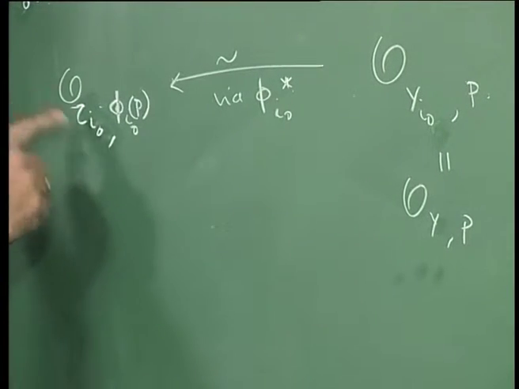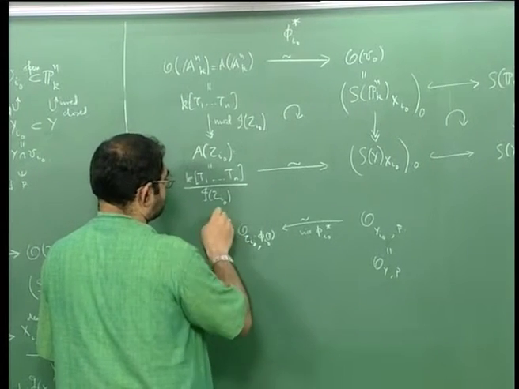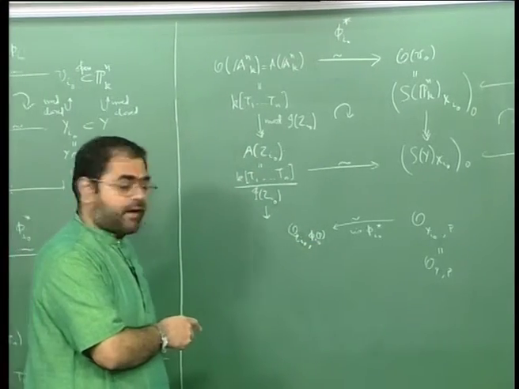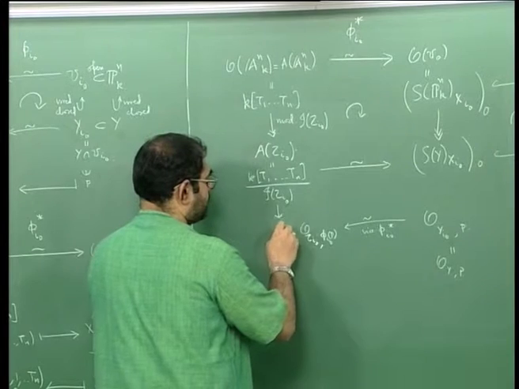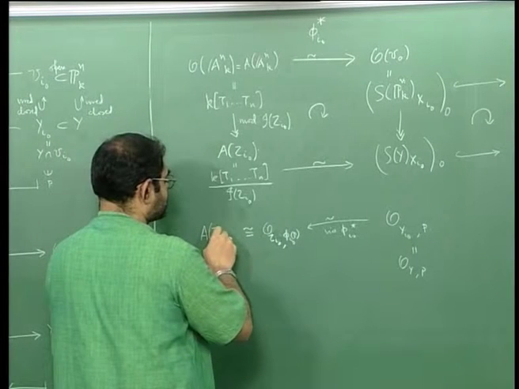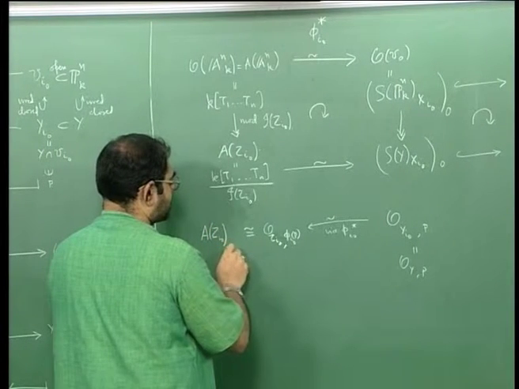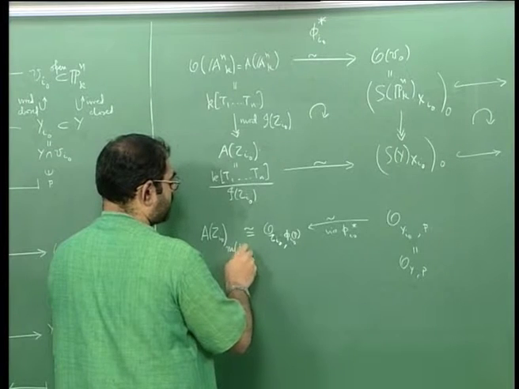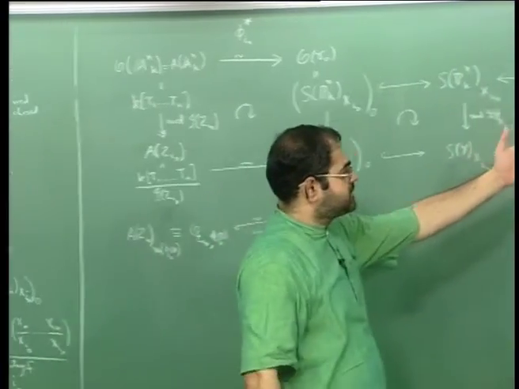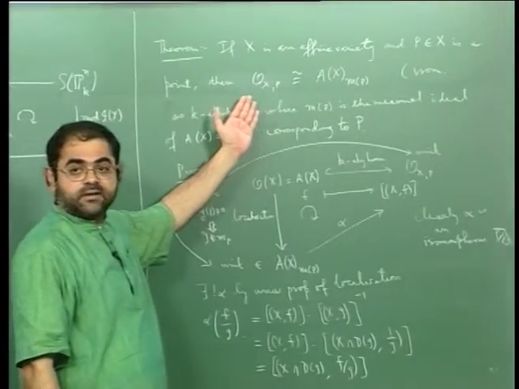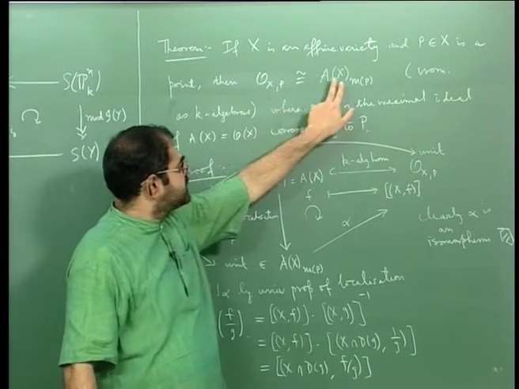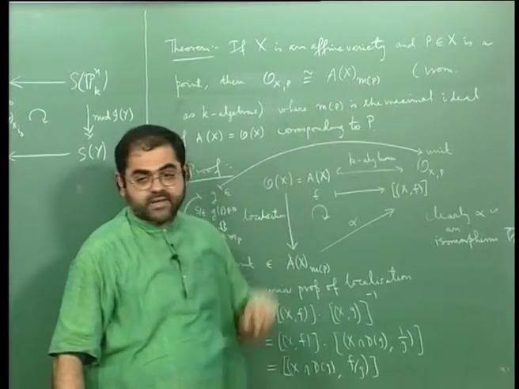And what is this? As we have seen, this is the local ring at a point of an affine variety, and therefore it is isomorphic to the affine coordinate ring of zi naught localized at the maximal ideal corresponding to phi I naught of P. We saw this theorem in the previous lecture: the local ring at a point of an affine variety is just the affine coordinate ring localized at the maximal ideal corresponding to that point.